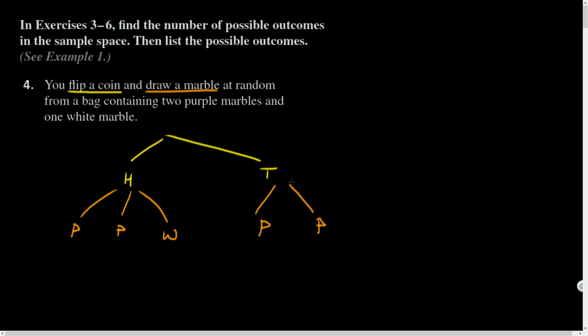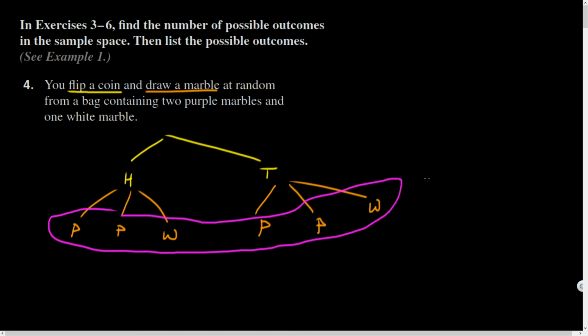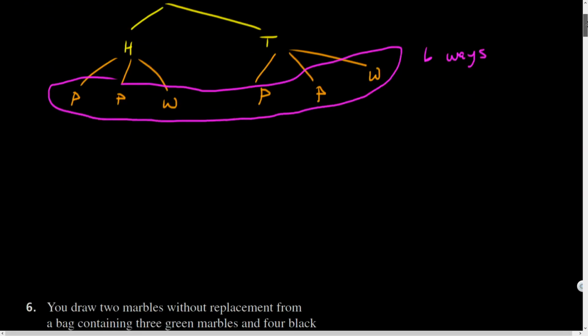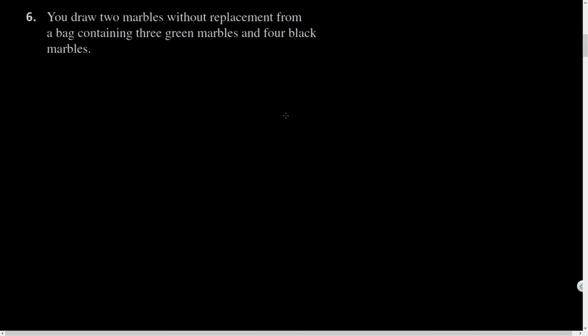So you've got to represent both of those possibilities. And so the total number of outcomes, the sample space, there are 6 ways that this could happen. If you're doing this digitally on Big Ideas, they're not looking for the list, they're looking for the total number of ways. Close enough. Alright, here's question 6.